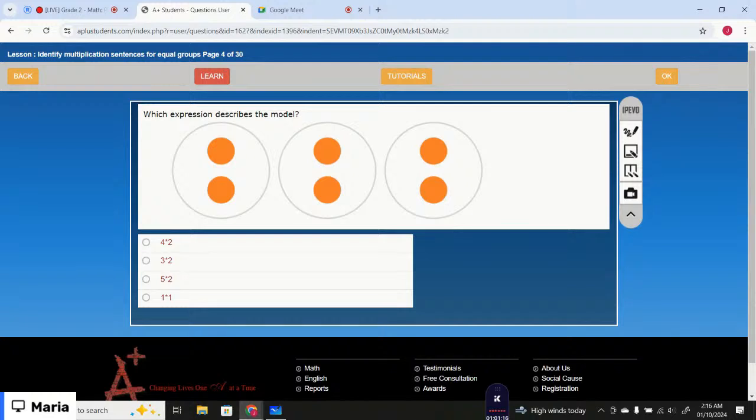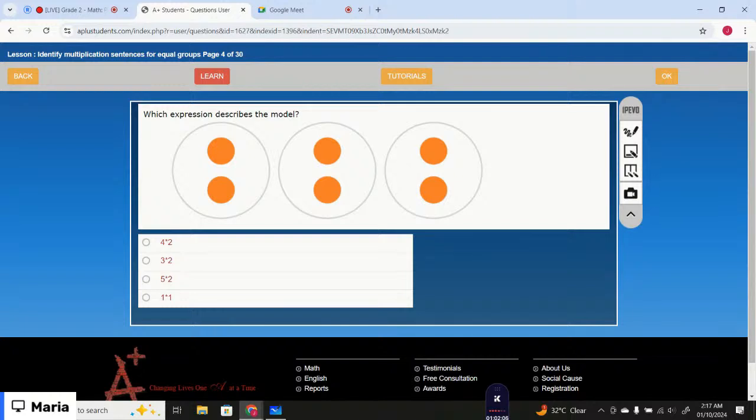Which expression describes the model? Which is the correct option? That is 3 times 2.